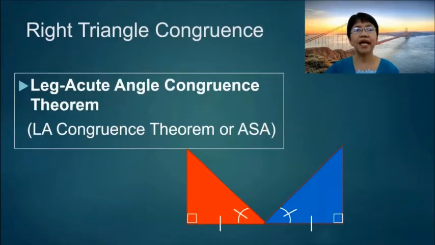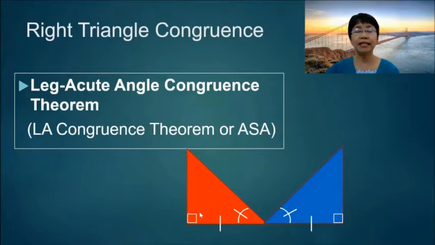Then we have the LA, or leg-acute angle congruence theorem, which is the equivalent of ASA. If the leg and the acute angle of one triangle are congruent respectively to a leg and an acute angle of the other triangle, then we consider the right angles on both triangles.